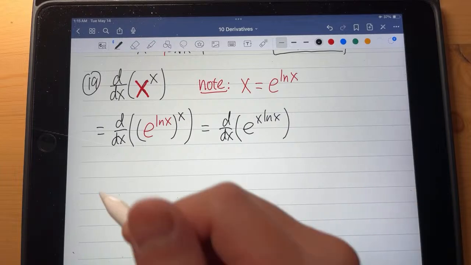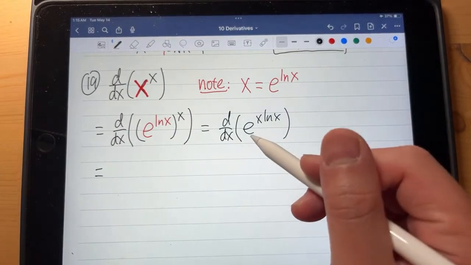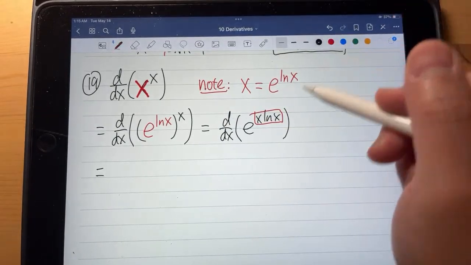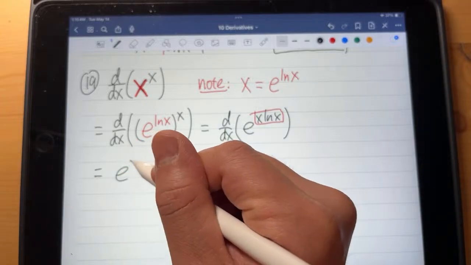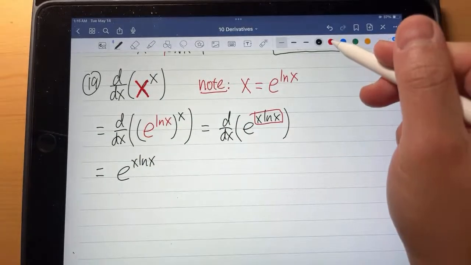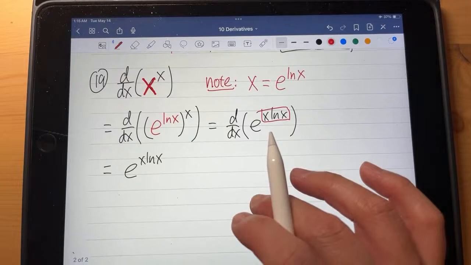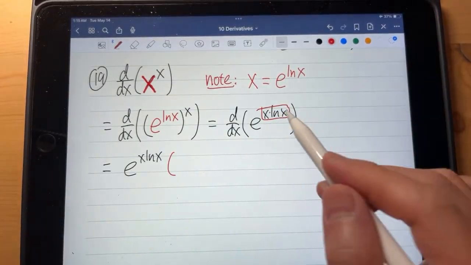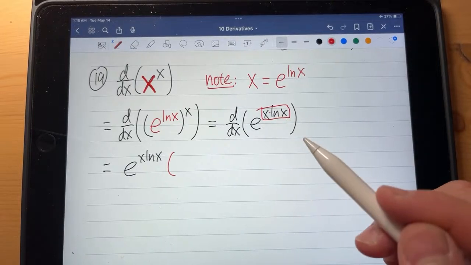But let's finish this. Okay, e to a box. First, we just have e to the same thing. Then we multiply by the derivative of the box. Here we need to use the product rule though. This is x times ln x.